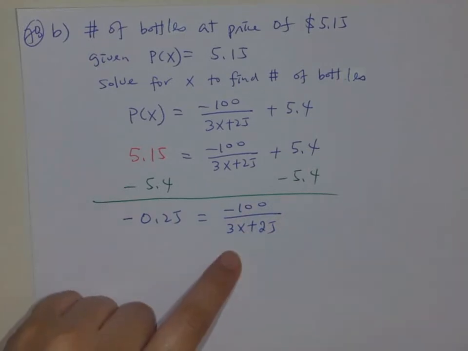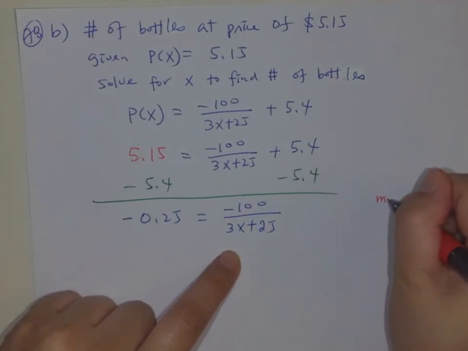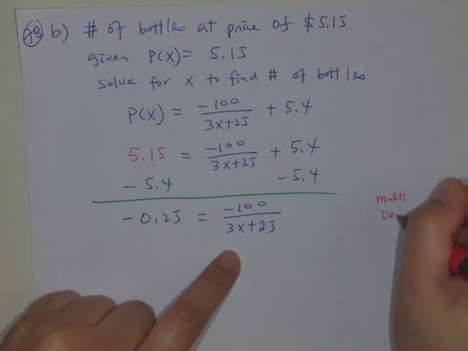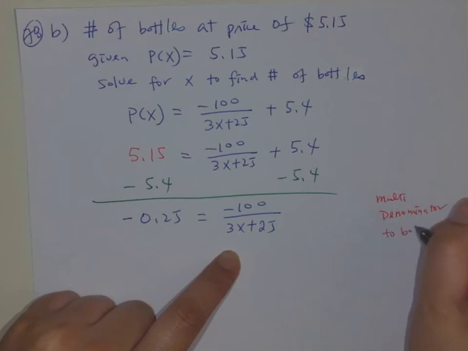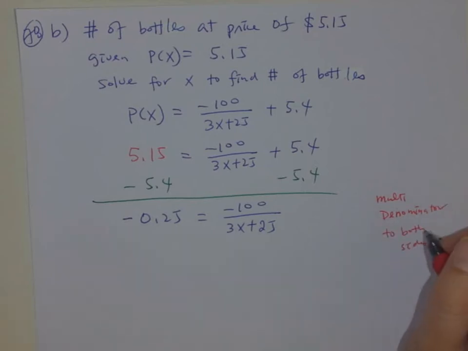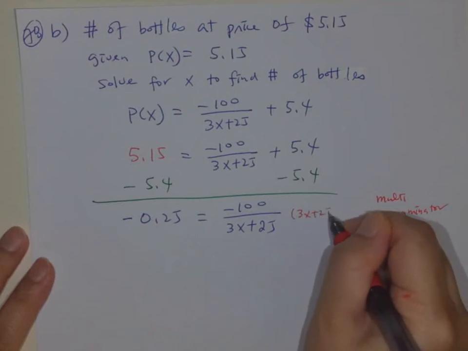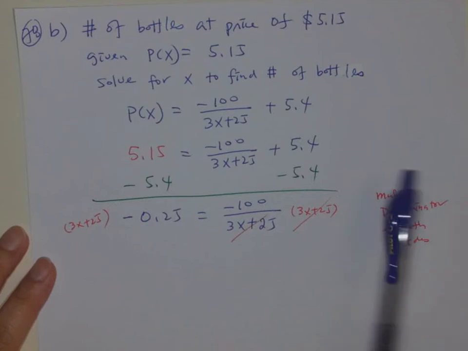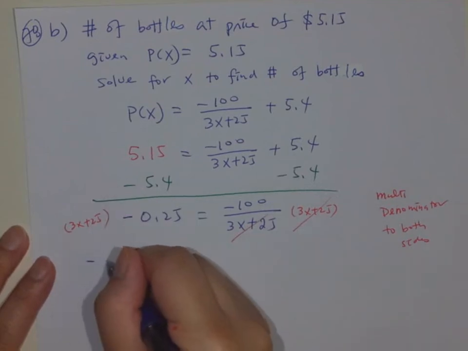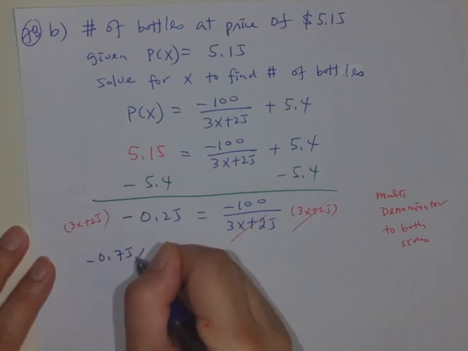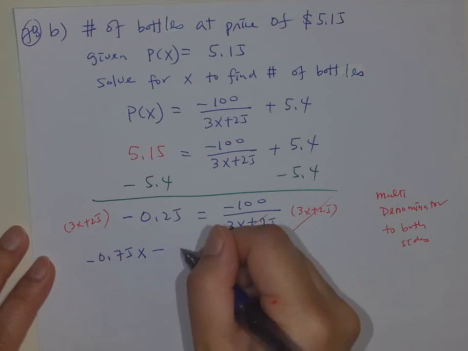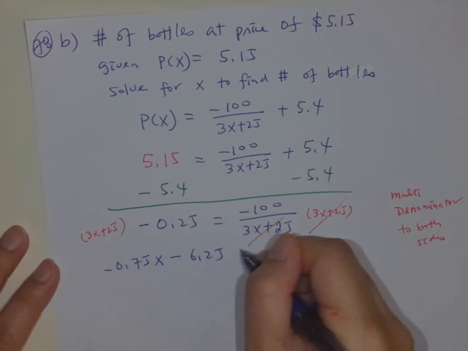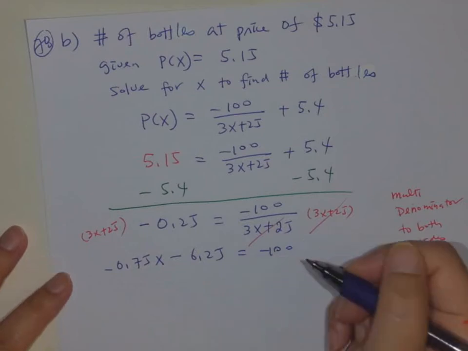The easiest way is probably to multiply the denominator to both sides. So 3x plus 25, this part is cancelled. On the left hand side we have negative 0.75x minus 6.25 equal to negative 100. We're almost done.